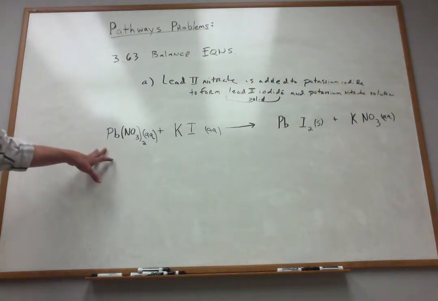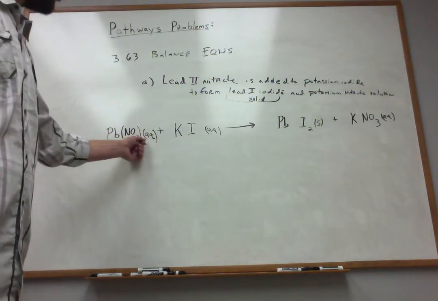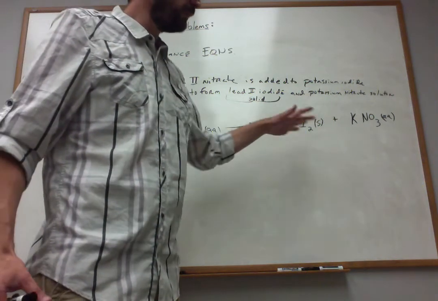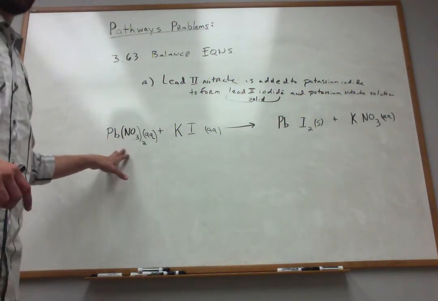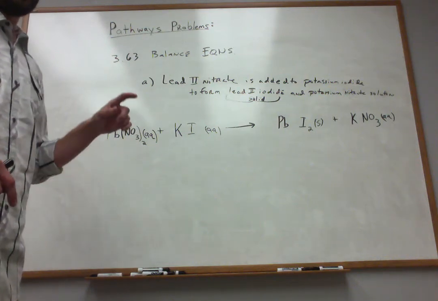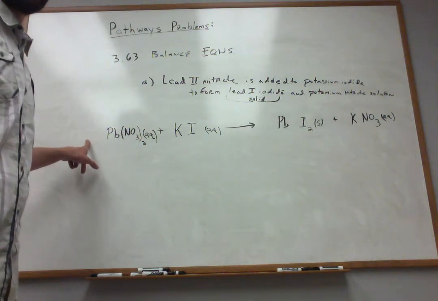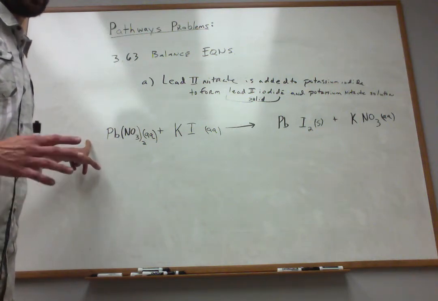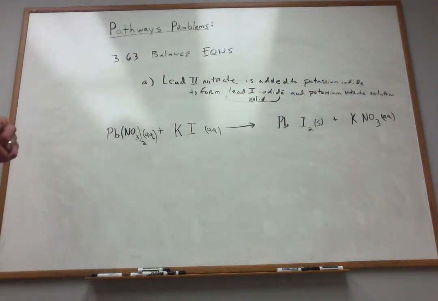I had to write the correct formulas first. You have to do that first. You can't decide you're going to make this a 1 or that a 1 to make everything come into balance when you're writing the equation. You have to finish writing the correct formulas for the ionic compounds first, then you come back and adjust the numbers out in front, the so-called stoichiometric coefficients, to make it work. Okay, you have to do it that way. You cannot do it any other way.